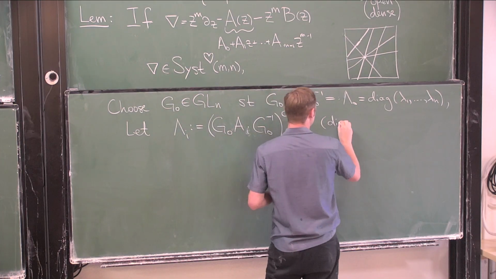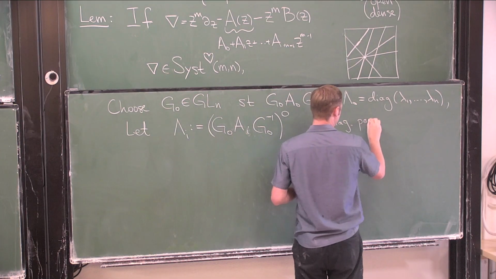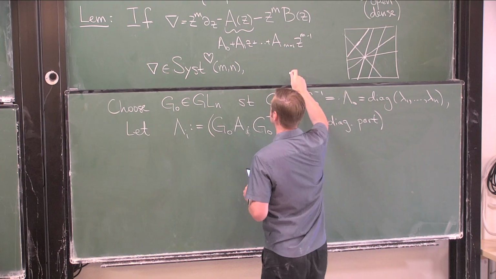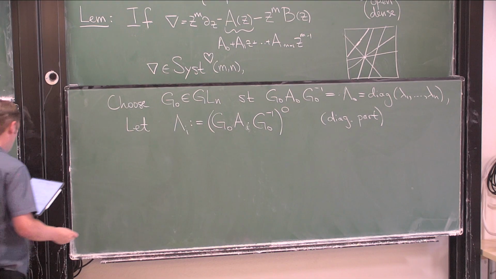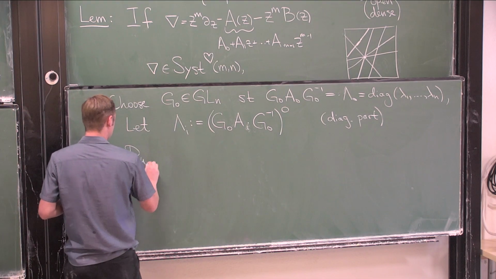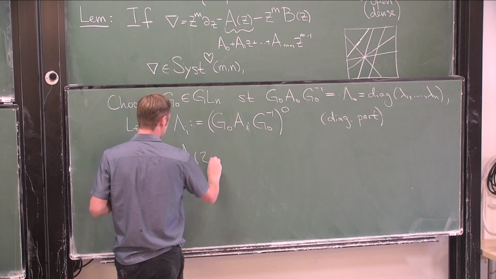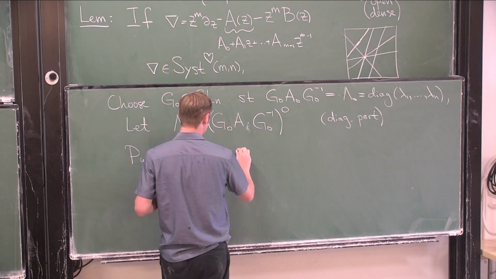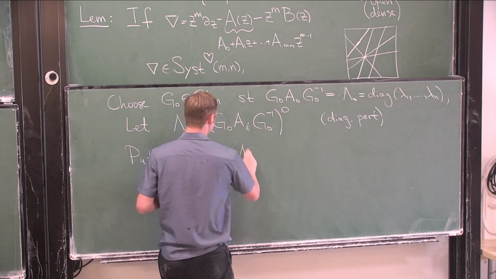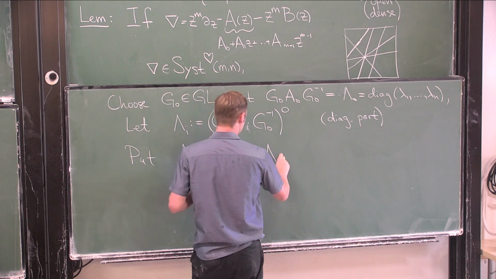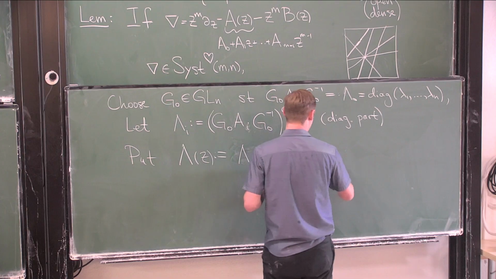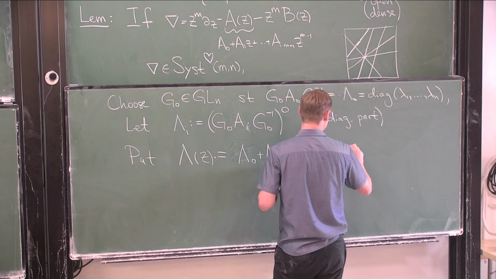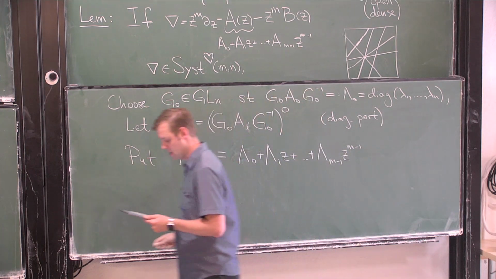This is the diagonal part. And I introduce lambda of z to be this polynomial with these diagonal parts: lambda 0, lambda 1 z, up to lambda m minus 1 z to the m minus 1.